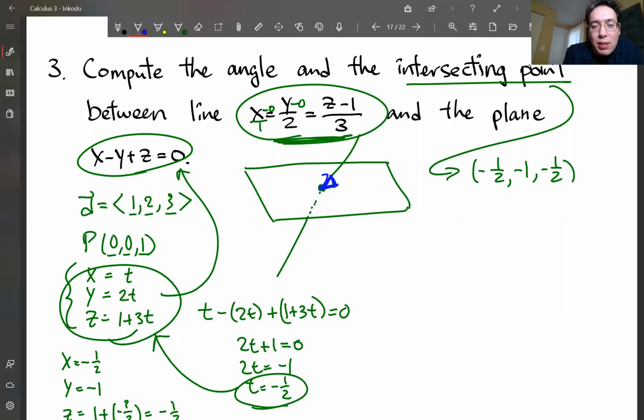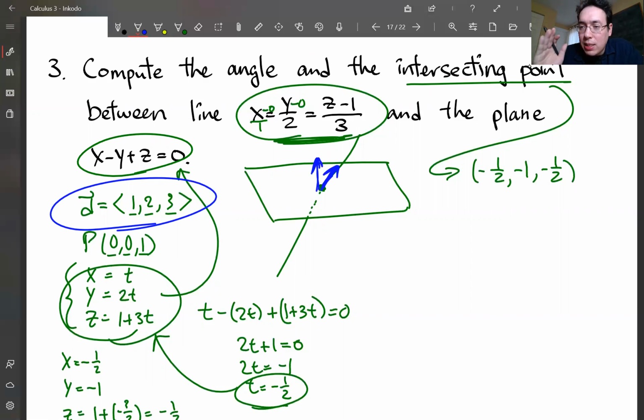Note that this is the largest angle it makes with the plane. Okay. So let's look at which direction this line is oriented and also the plane, right? So we have the directional vector for the line that's given by the vector 1, 2, 3. We also have a normal vector for the plane that's perpendicular to the plane itself.